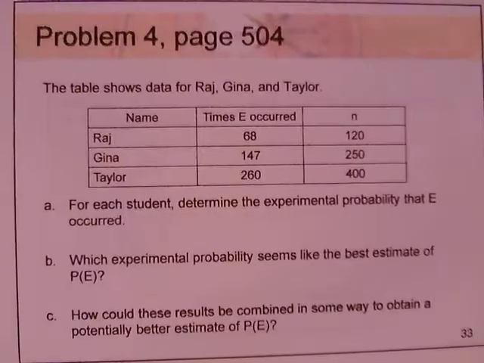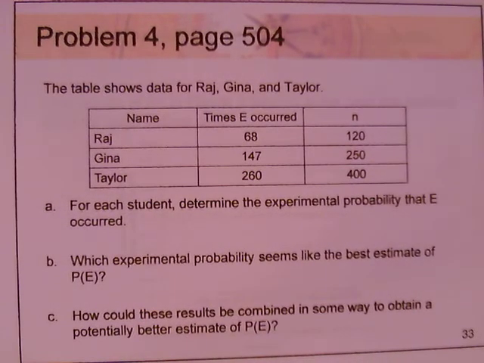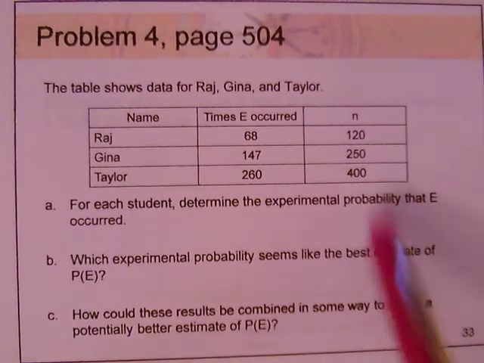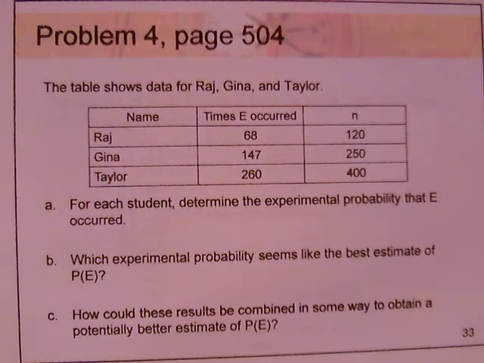Okay. Now let's take a look at problem number 4 on page 504. It says here the table shows data for Raj, Gina, and Taylor. And there's that table right there where you've got the number of times E occurs and then your N. For each student, determine the experimental probability that E occurred. Okay. Now I'm going to have to bunch this up a bit here.